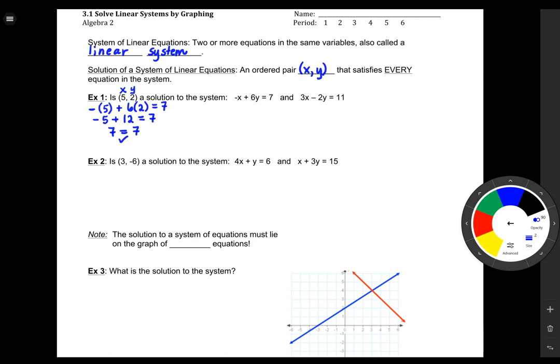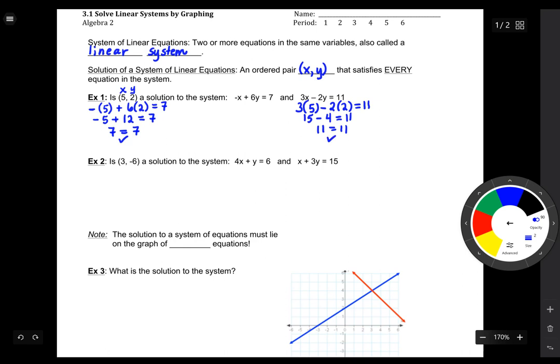However, that doesn't mean that 5, 2 is a solution to the system. You must check it in the second equation. So in the second equation, we have 3 times 5 minus 2 times 2 equals 11. 3 times 5 is 15, minus 4 equals 11. 11 equals 11.